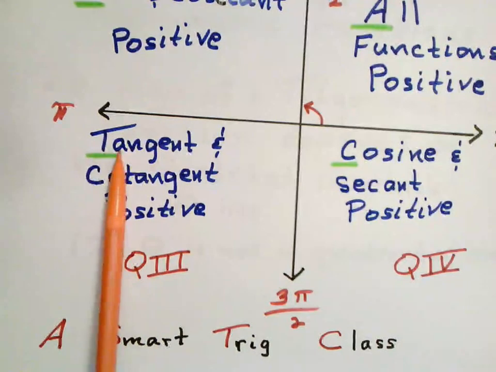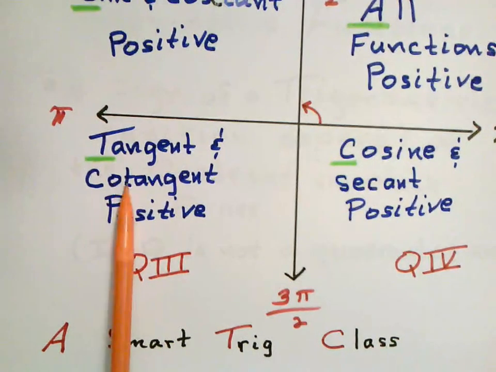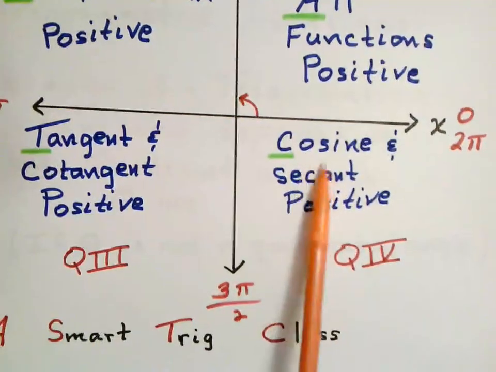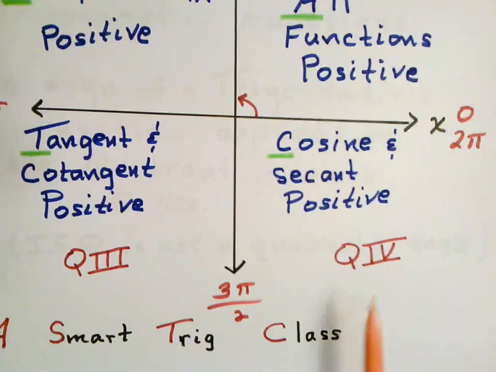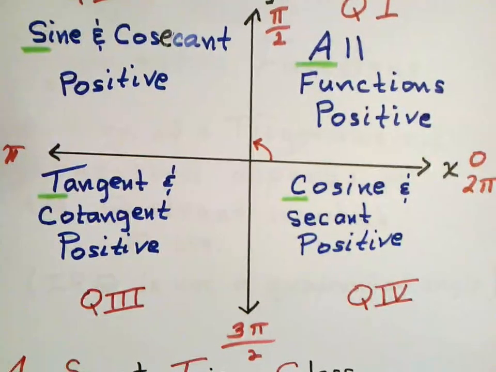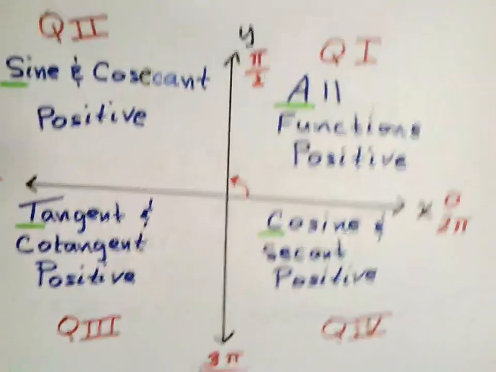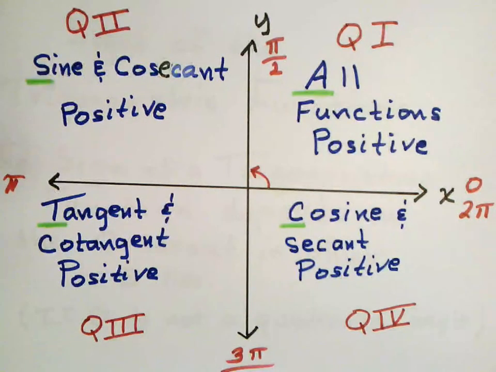In quadrant 3, only tangent and its reciprocal function will be positive. Then C, class, stands for cosine. Only cosine and its reciprocal function, quadrant 4, will be positive. So here we have a little saying, a smart trig class, to help us remember which trig functions are positive in which quadrants.